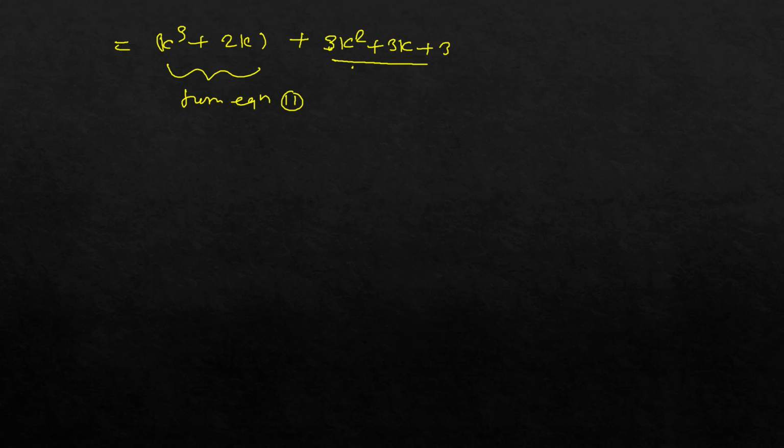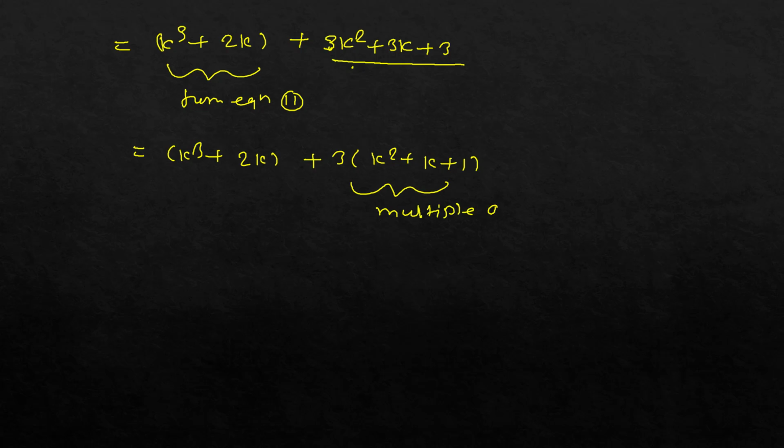Now from this term, take 3 as a common term. So we get k cube plus 2k plus 3 take as a common term, k square plus k plus 1. Now multiple of what? Multiple of 3. So multiple of 3 means which is divisible by 3, and that is nothing but the equation number 2, means step number 2, from step number 2.